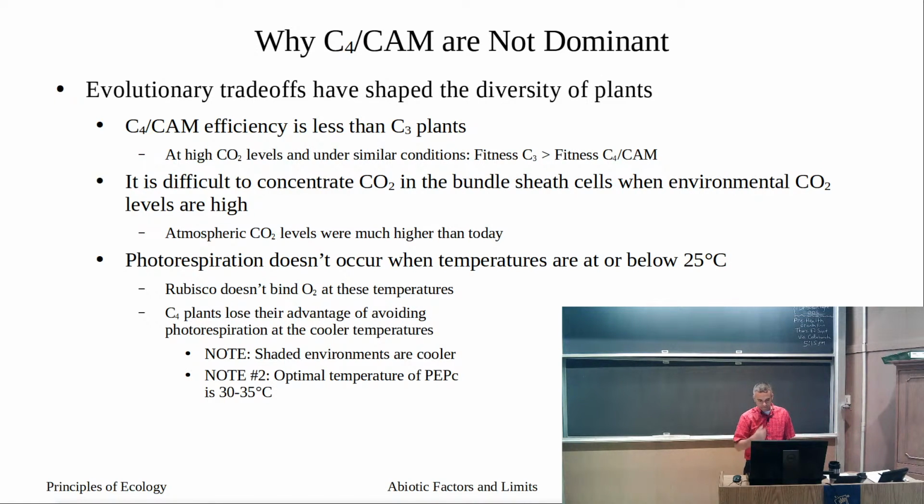All right. So C3 fixed and assimilated all carbon in one step, took CO2 and basically got it right into the Calvin cycle. One step. Rubisco catalyzed that reaction. Took that CO2, made it into a 3-carbon molecule, 2 of them.